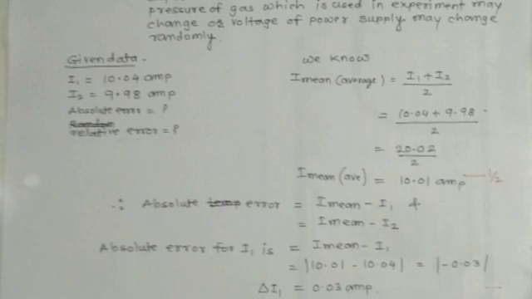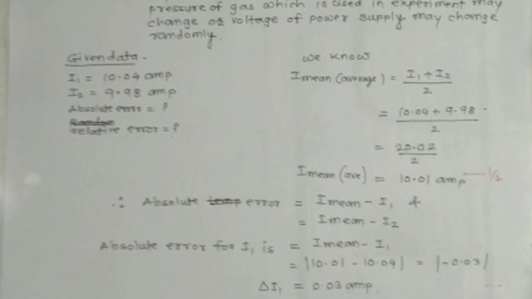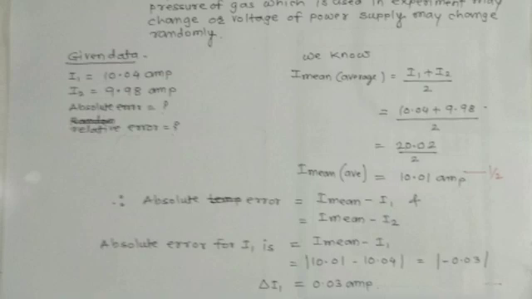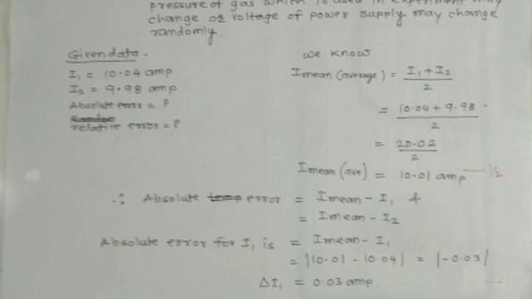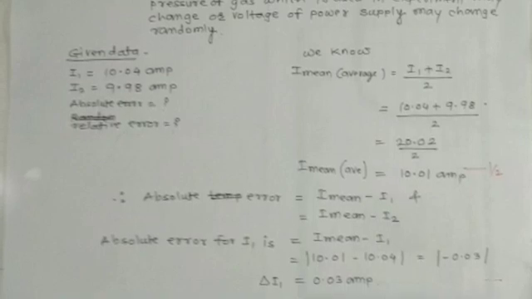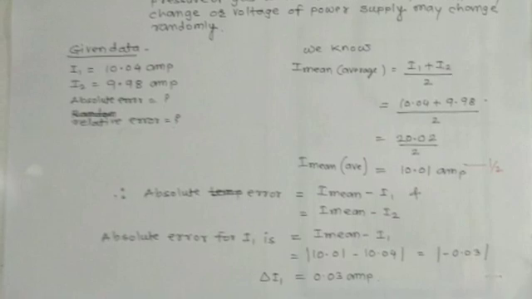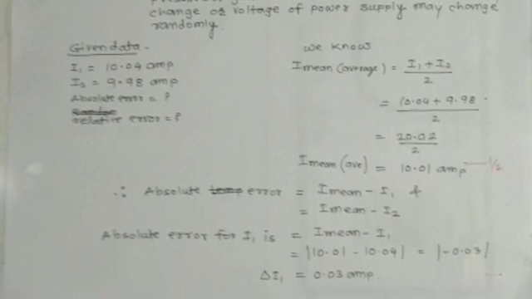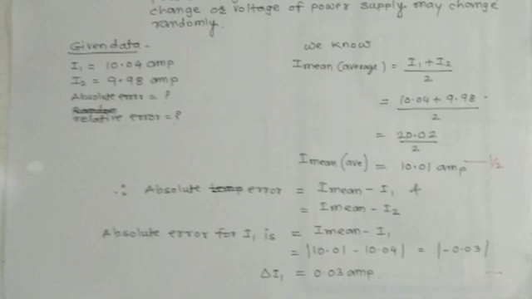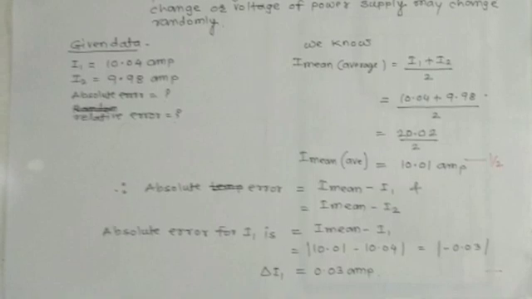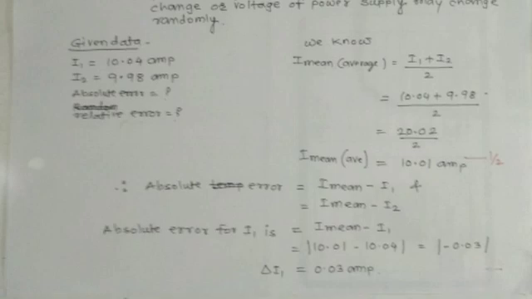Absolute error will be the mean value of current minus the given current. So I mean minus I1 and I mean minus I2. So delta I1, that is the absolute error, will be 0.03 ampere.